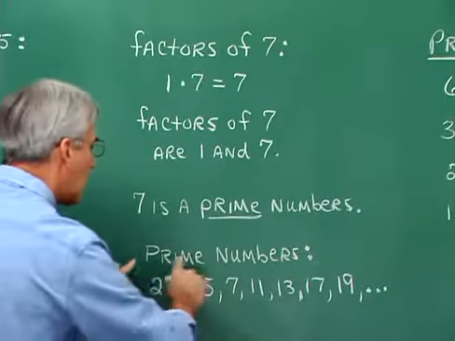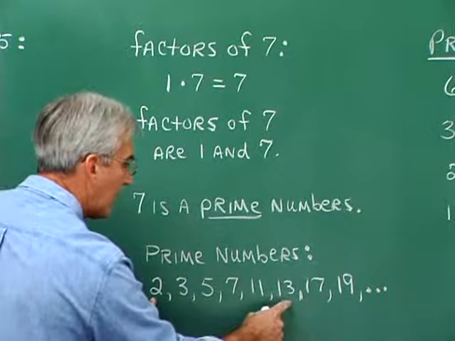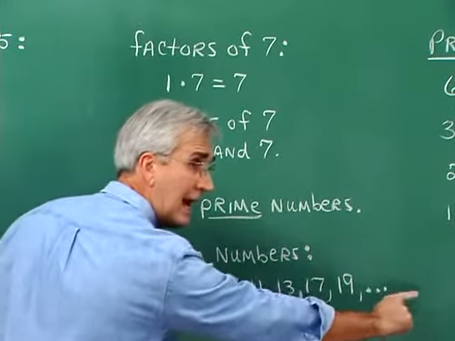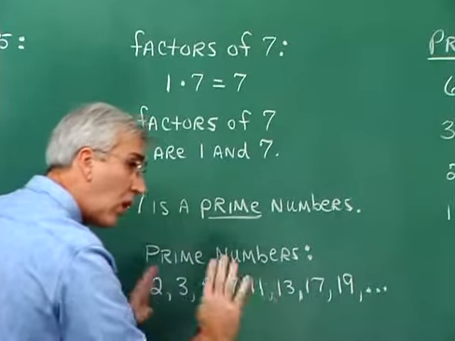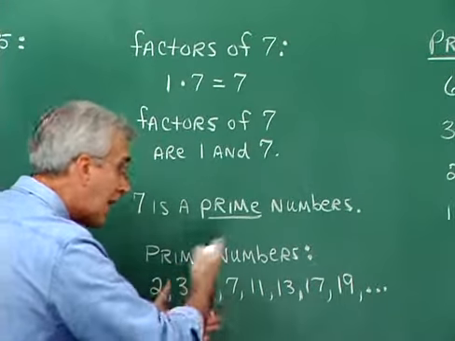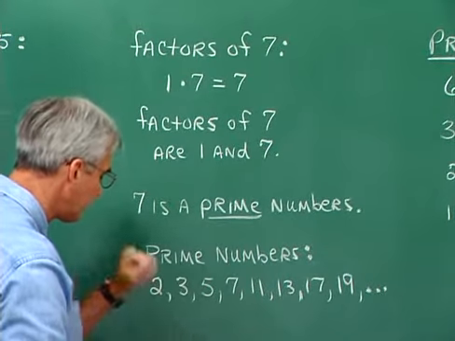But prime numbers begin at 2, and then 3, 5, 7, 11, 13, 17. All of these numbers have the characteristic that if you were listing all of their factors, all you could list would be 1 and itself.